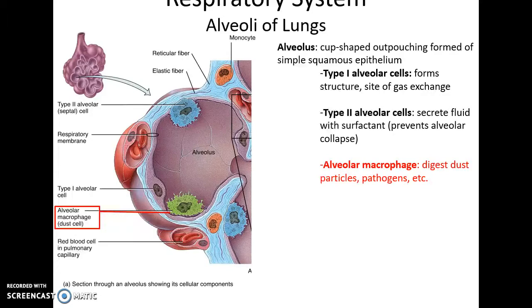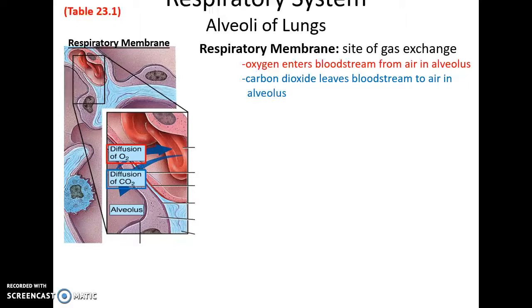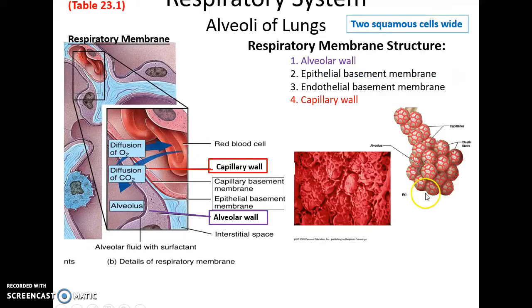The respiratory membrane is a site of gas exchange, where oxygen enters the bloodstream from the air of the alveolus, and carbon dioxide leaves the bloodstream to enter the air of the alveolus. So the respiratory membrane is made up of the alveolar wall and the blood capillary wall.